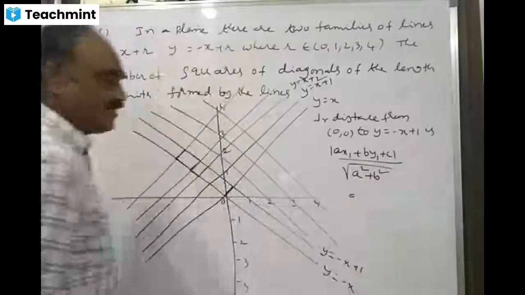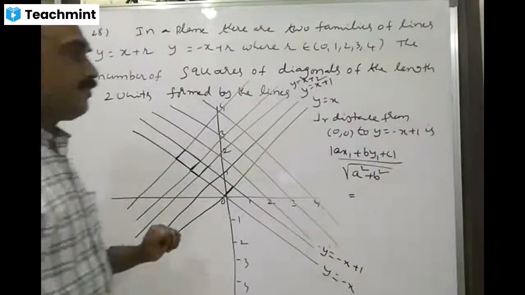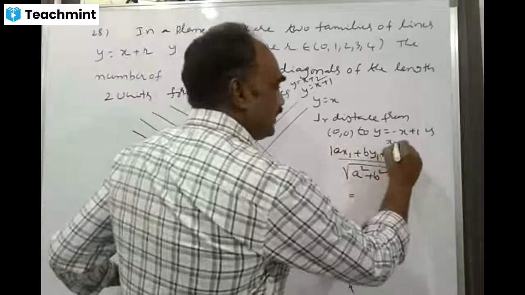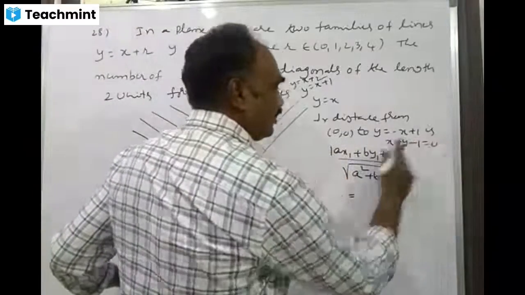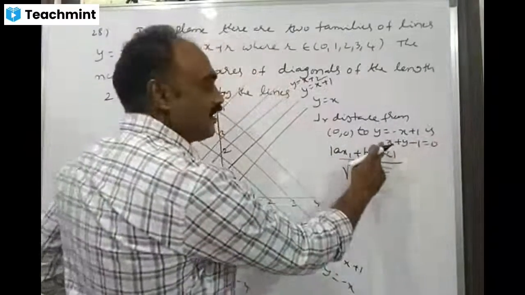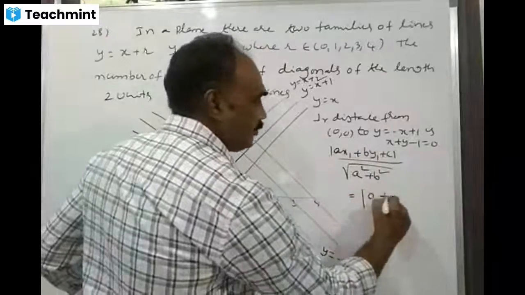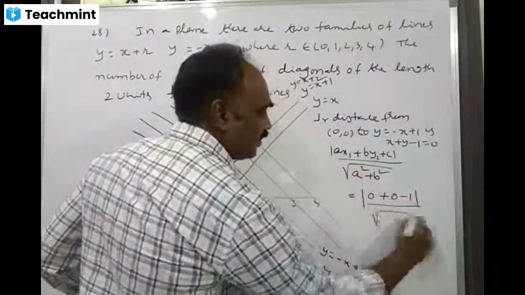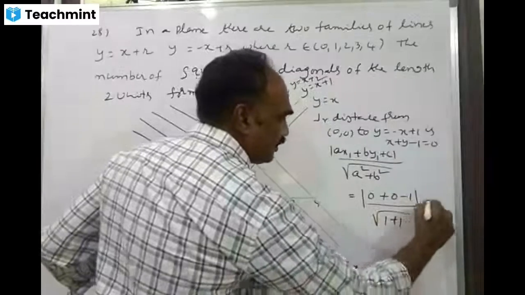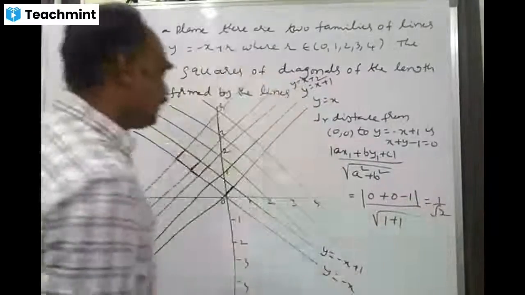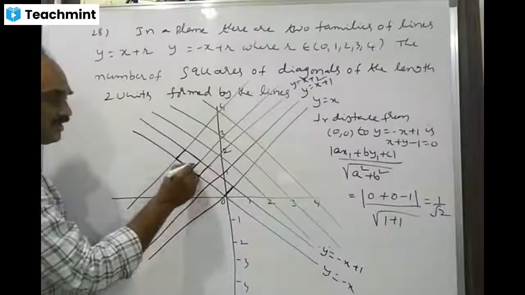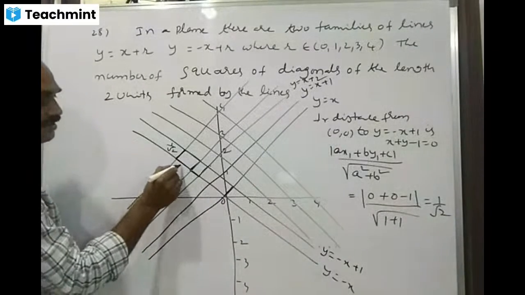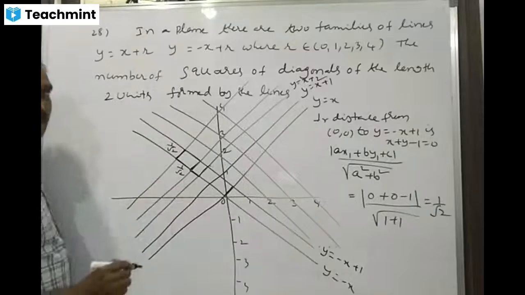The line is x plus y minus 1 is equal to 0, with x1 0, y1 0, a is 1, b is 1, c is minus 1. So it is 1 by root 2. Friends, this length is 1 by root 2, this length also 1 by root 2. Square, all sides are equal, friends.